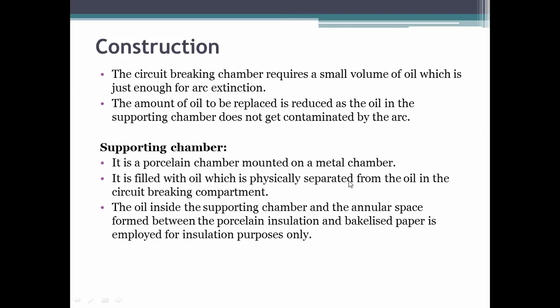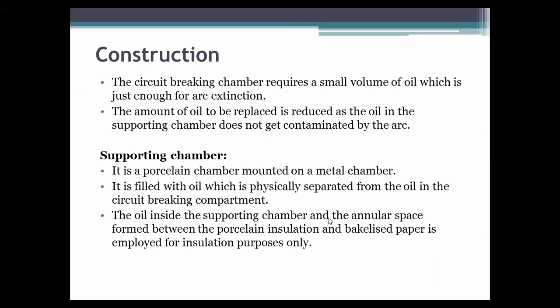Means upper compartment is different and lower compartment is also there, that is also filled with oil, but it is separated from the upper part, and the oil inside the supporting chamber and annular space formed between the porcelain insulation and bakelite paper is employed for the insulation purposes only.